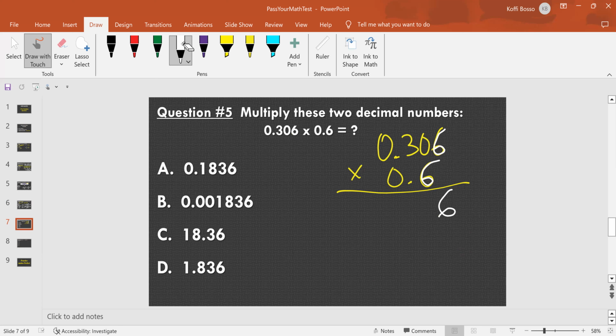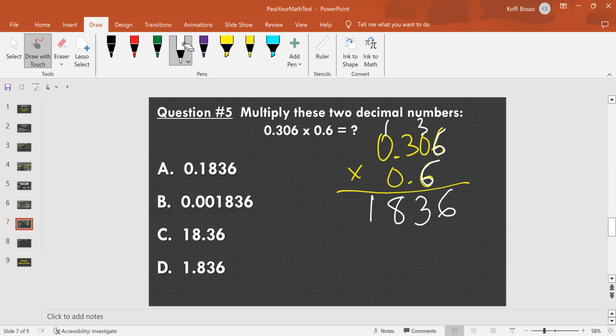We write 6 and we carry 3 on top of 0. 6 times 0 is 0, plus 3 is 3. 6 times 3, 18. We write 8, we carry 1 on top of 0. 6 times 0 is 0, plus 1 is 1.